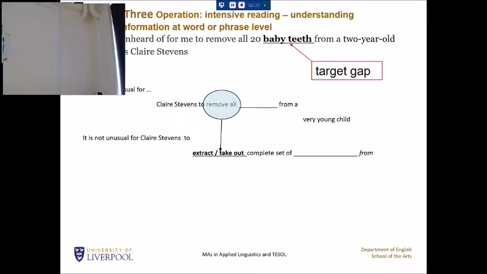It could be that the word extract is a level of lexis which is more difficult than the target word remove there, okay? So it's not fair on the candidates to make the paraphrase more difficult. We want to try and make the language of the paraphrase as simple as we can. So it's best to use the simpler language if possible. Okay, so we've got that from a very young child. So we've got that still.